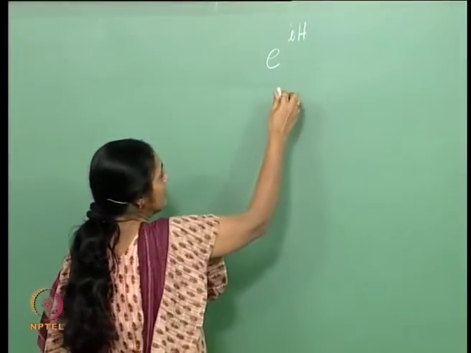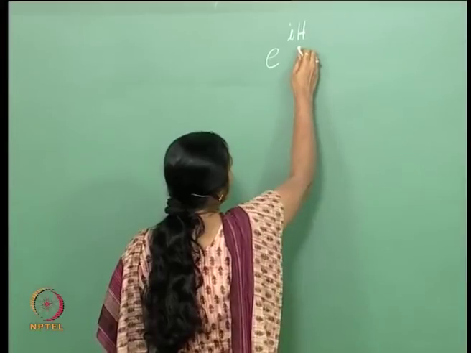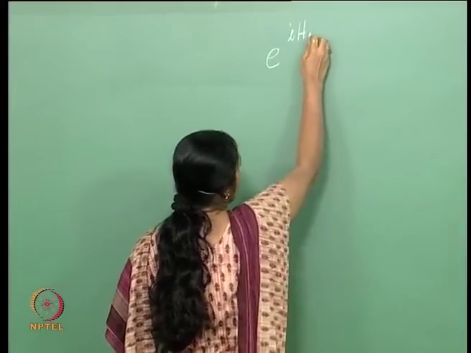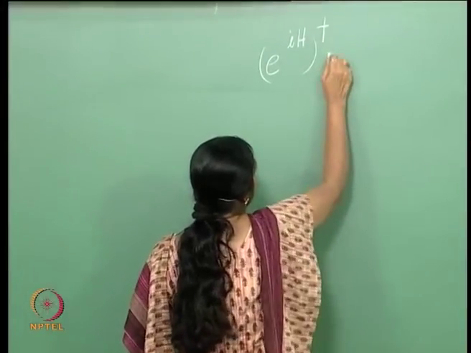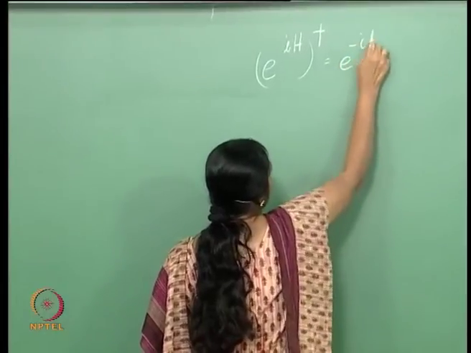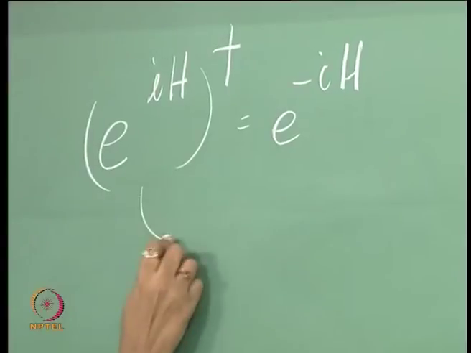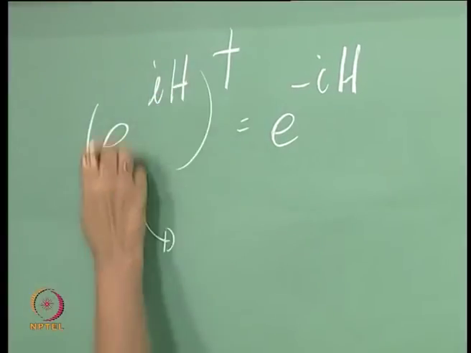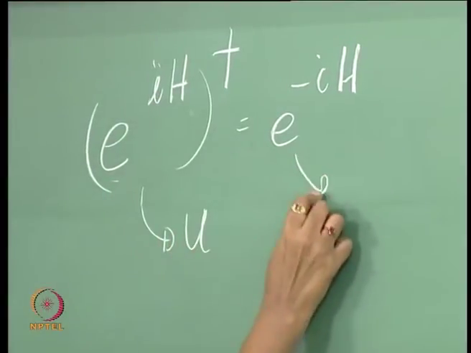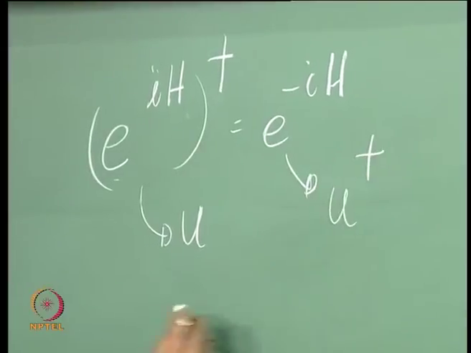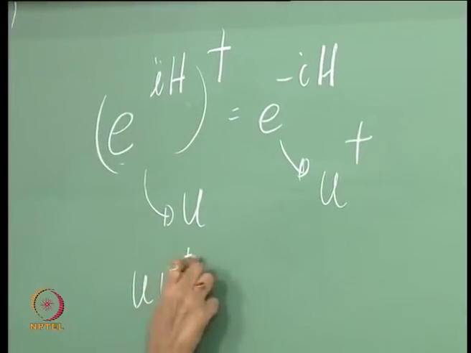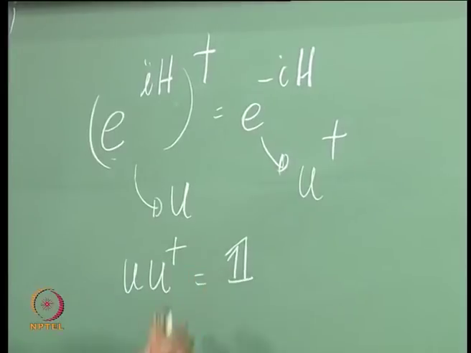So, if H is a Hermitian matrix and U is e to the i h, then the Hermitian conjugate of this is simply e to the minus i h. And therefore, if this object is U, this is U dagger, and it is clear that U dagger U is the identity operator.